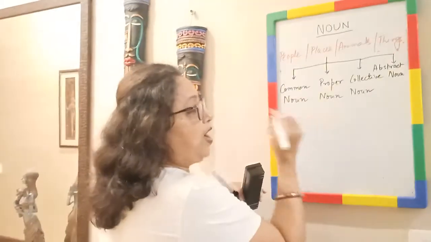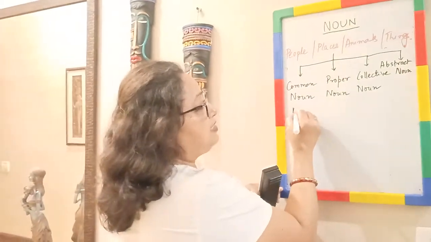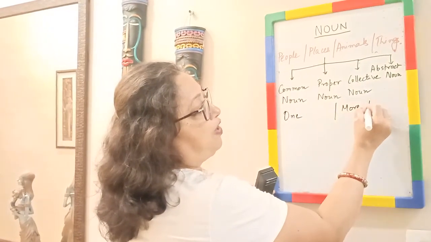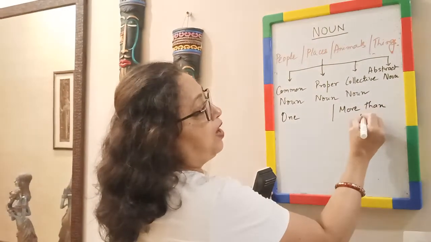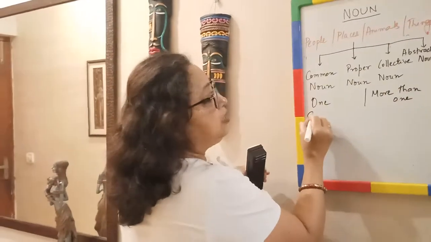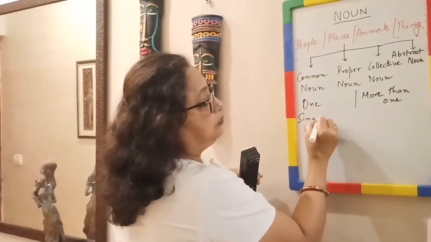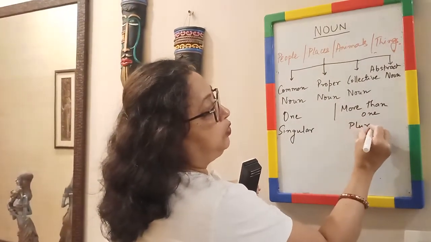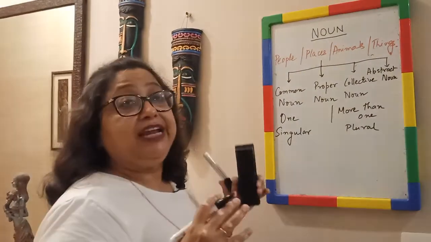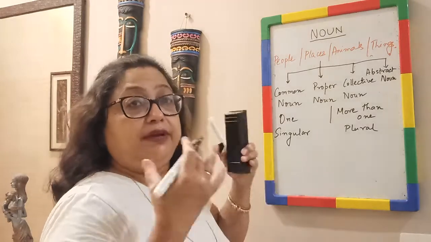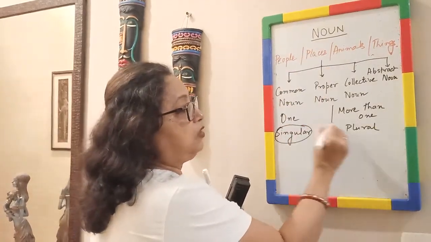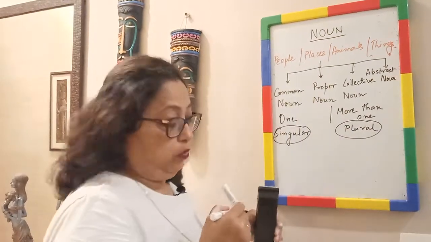For 1, or I can say only 1, and the other is more than 1. When we are speaking about only 1, that is called a singular noun. And when we are speaking of more than 1, we call it a plural noun. So according to the number, a noun is divided into 2 parts. One is singular and the other is plural.